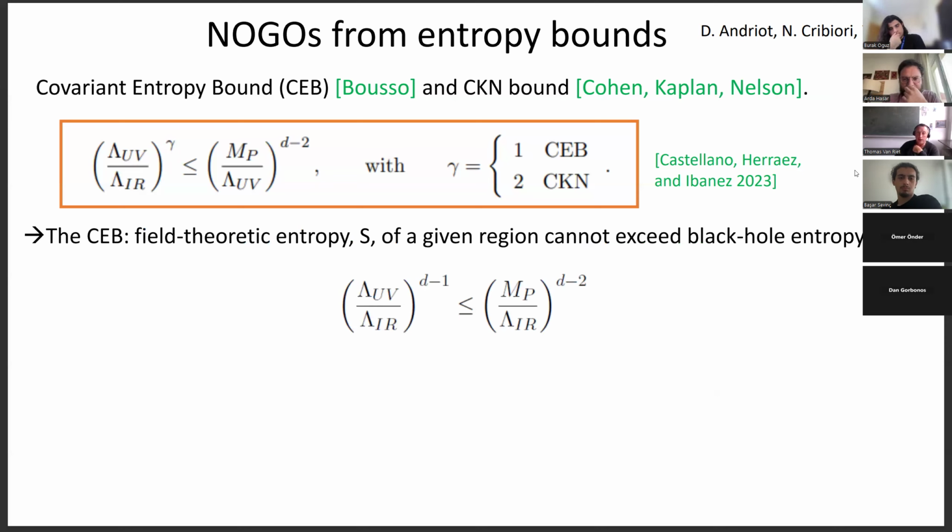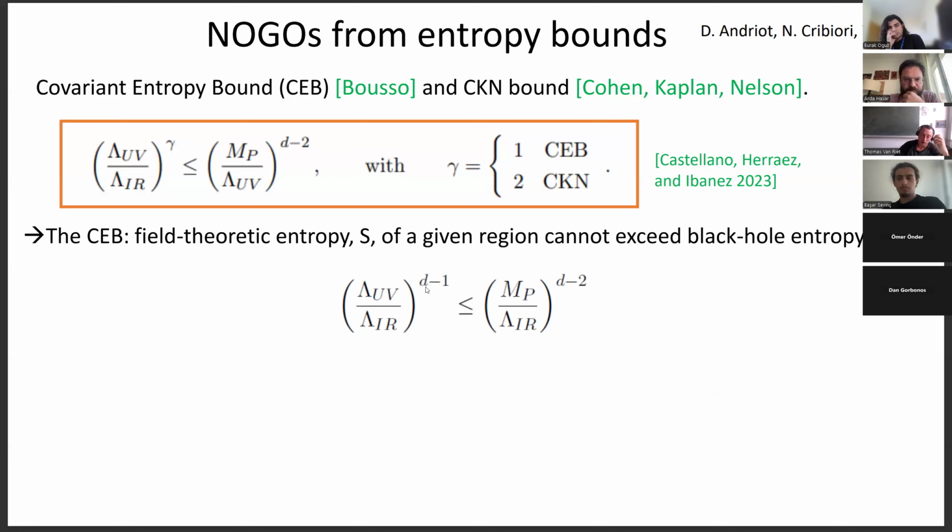So the covariant entropy bound is a field theoretic bound. It tells you that, okay, in a given region of space, a quantum field has a certain amount of entropy, and it should not exceed the black hole entropy that I can put in the same amount of space. Okay? And if you write out what that implies, you eventually end up with an inequality like this.